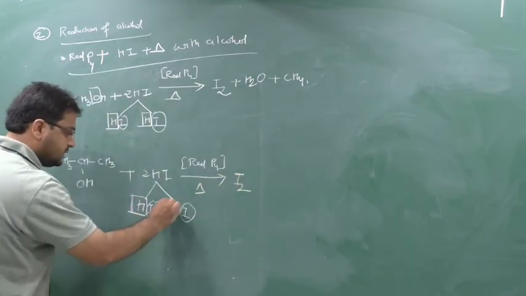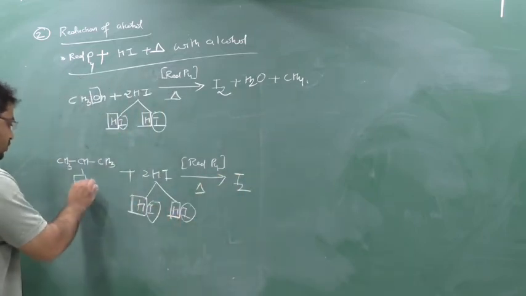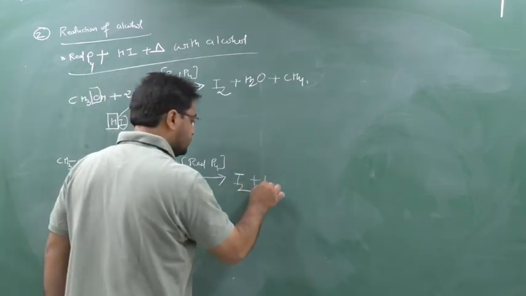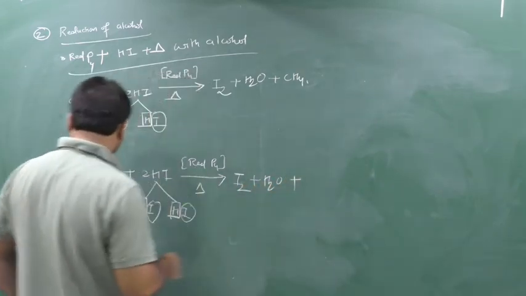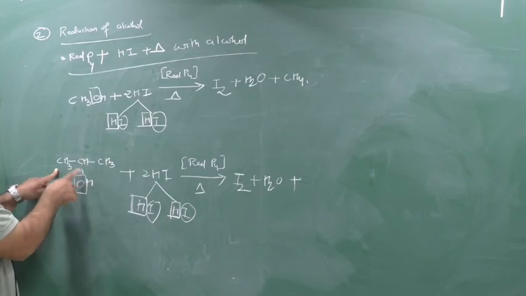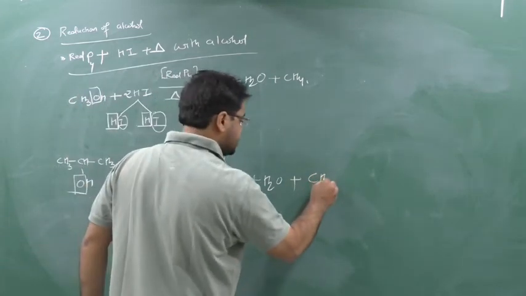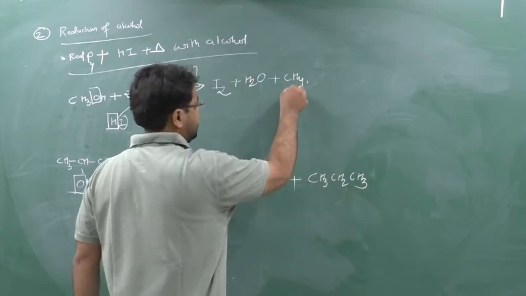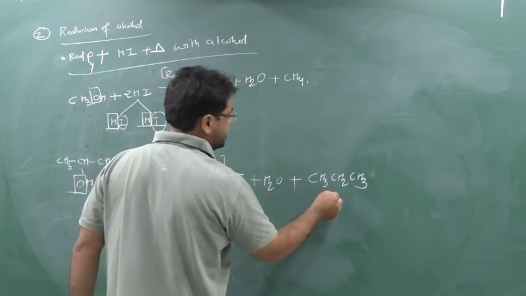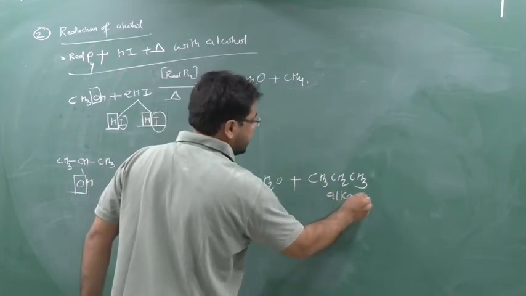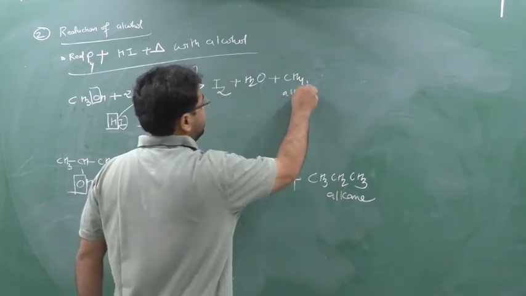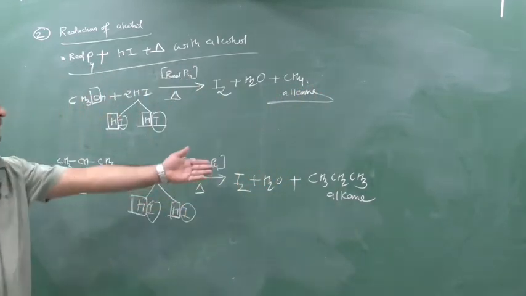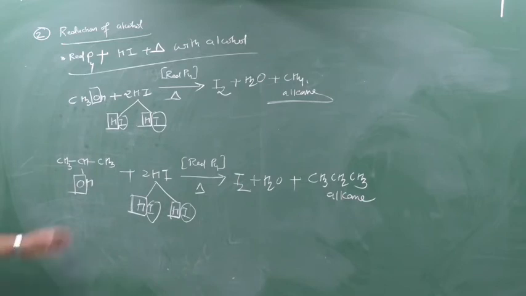This H, this H and this O will form H2O. And here you will get CH3, CH2, CH3. So here you generate methane, here propane, here also alkane. Respective names you can give: methane, ethane, propane. So this is nothing but a reduction.